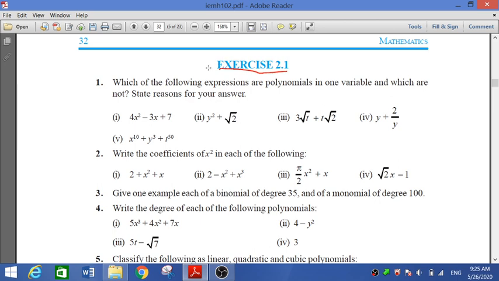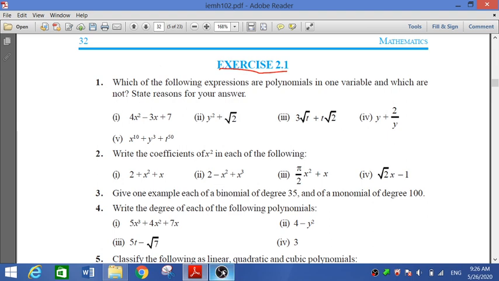Already in the last lecture we have understood poly means many, and we have also explained about the types of polynomial, that is linear, quadratic and cubic. Now we want to do exercise related to the type of polynomial, degree, coefficient, term, that we want to discuss in exercise 2.1.